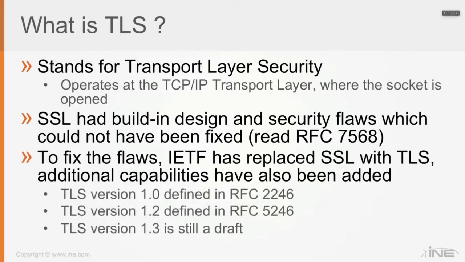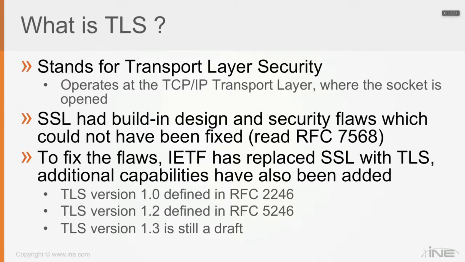That's why, to fix the flaws, the IETF chose to replace SSL, so no longer any changes or new versions of SSL, but they chose to replace SSL with TLS. And of course, when TLS was invented, additional capabilities were also added. So not only were the flaws fixed, but additional capabilities were added to TLS.